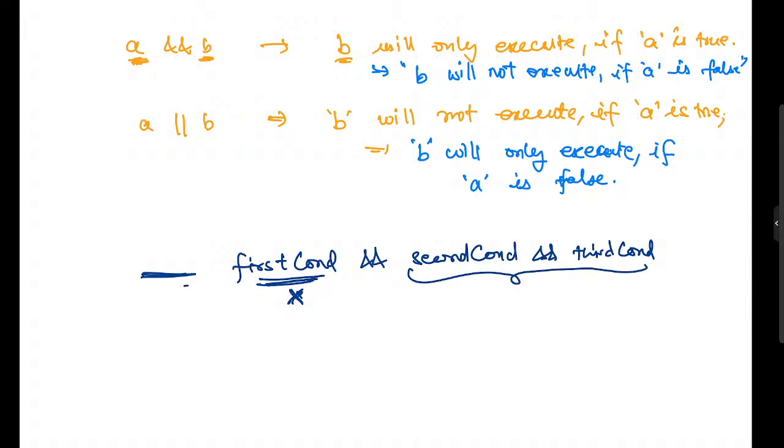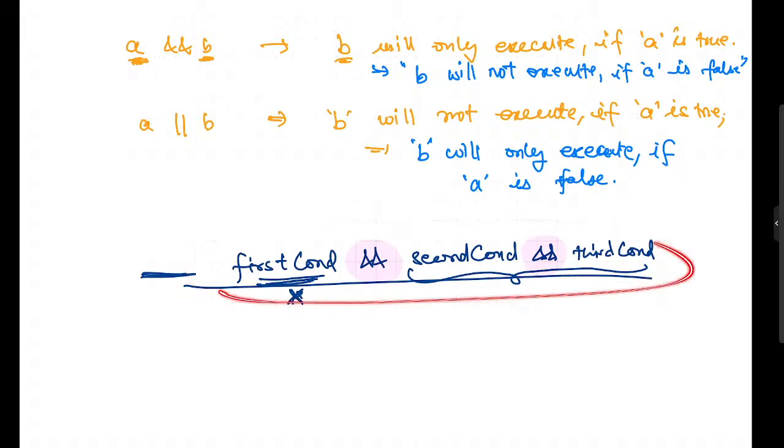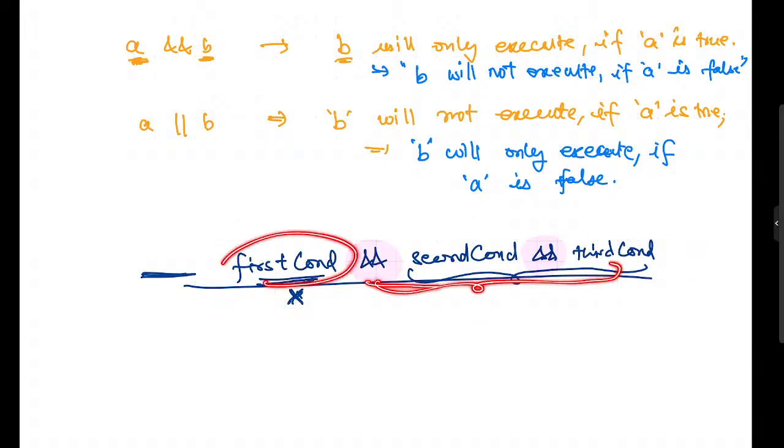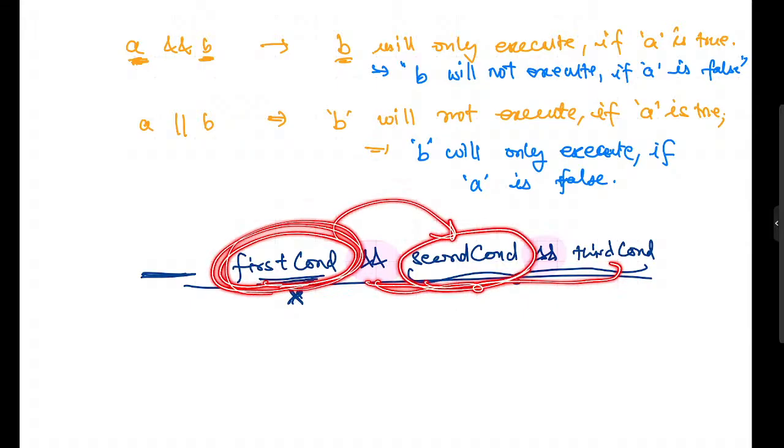I am going to fail the entire expression. This operator is used for that purpose: to have conditions that are chained, and you short circuit the chaining. You basically chain the conditions such that your first condition takes the highest priority. If this is true, only then go and check the next condition.